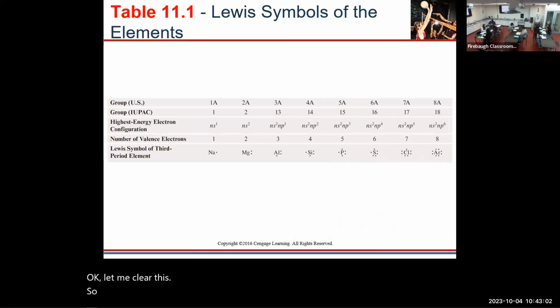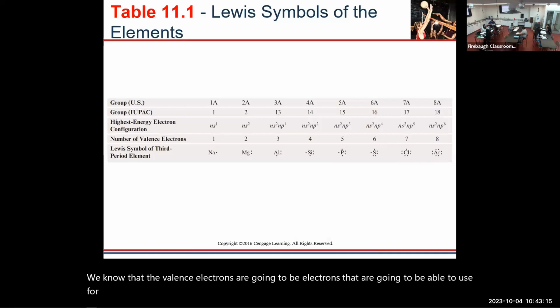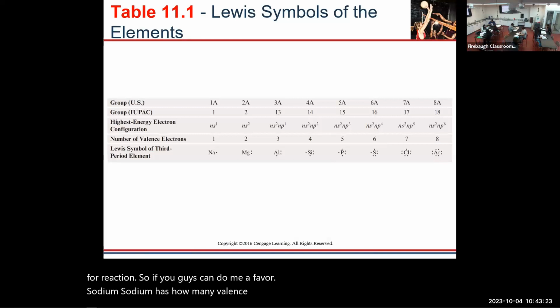So when we talk about valence electrons, we know that the valence electrons are the electrons that we're going to be able to use for reaction. So if you guys can do me a favor, sodium has how many valence electrons? We're looking at only the S and the P. It has 1.